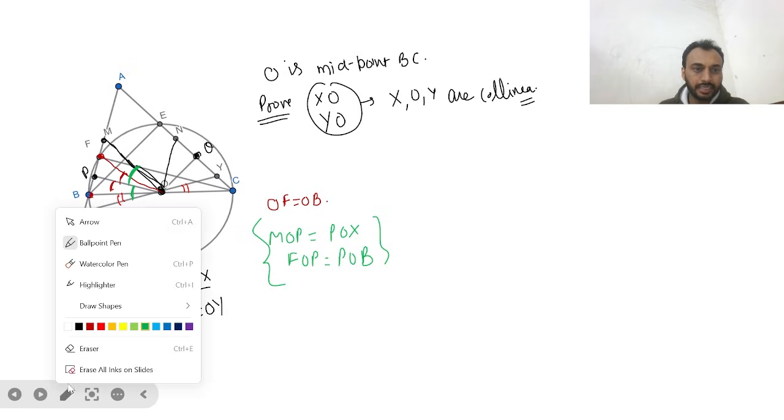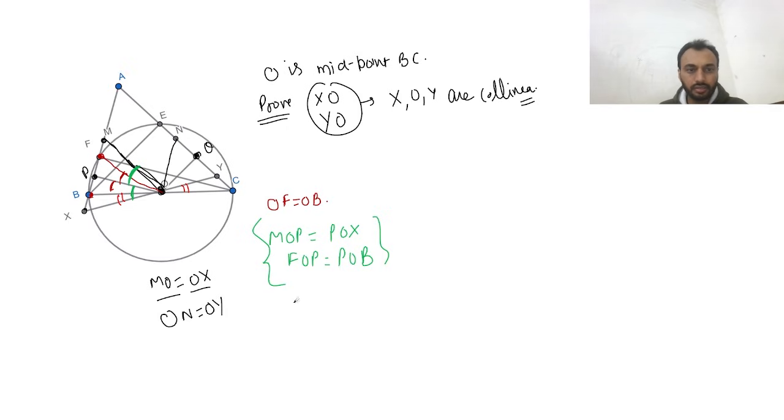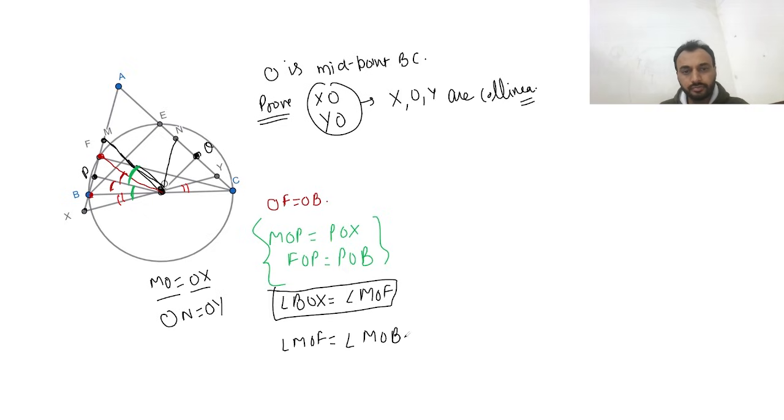That means angle BOX will be equal to the angle MOF. So angle MOF is equal to angle MOB minus angle FOB.